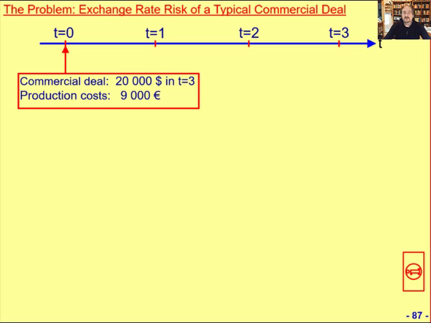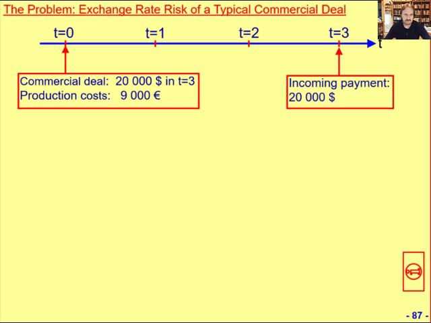What makes the system worse is the fact that the dollar payment of such an international trade deal will typically be paid in the future. For example, 3 months forward, when the car has arrived at the client overseas and can be inspected by the client.